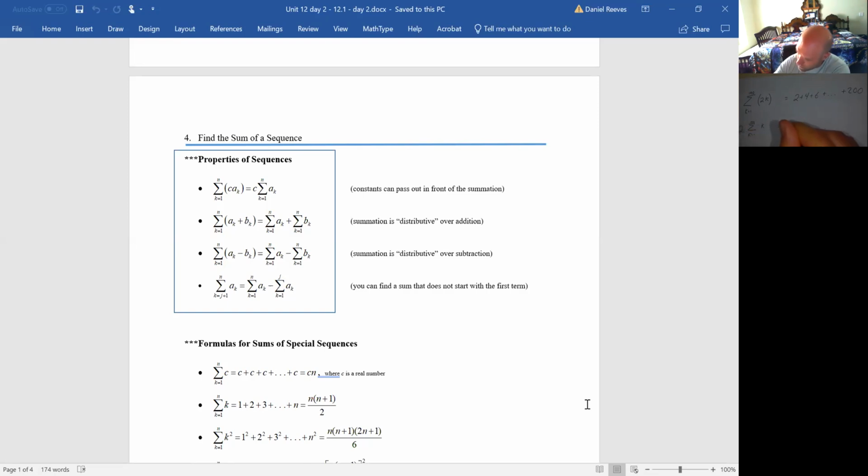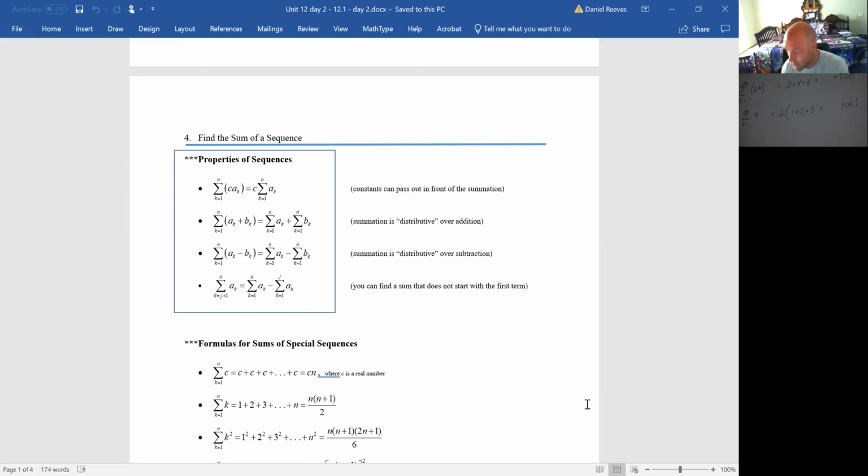Well, that would equal 2 times 1 plus 2 plus 3 plus dot, dot, dot, up to 100. And yeah, those two things seem equivalent. So basically saying we can take out that constant multiplier.